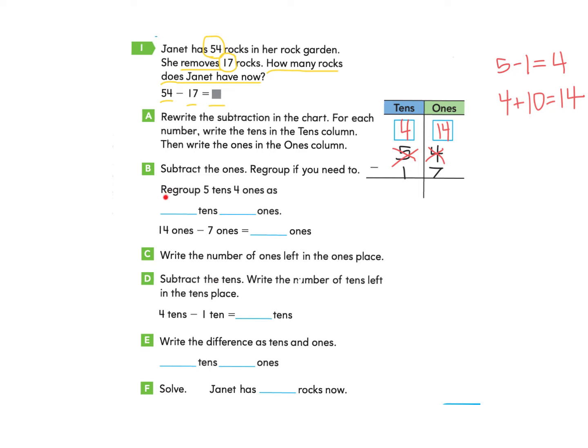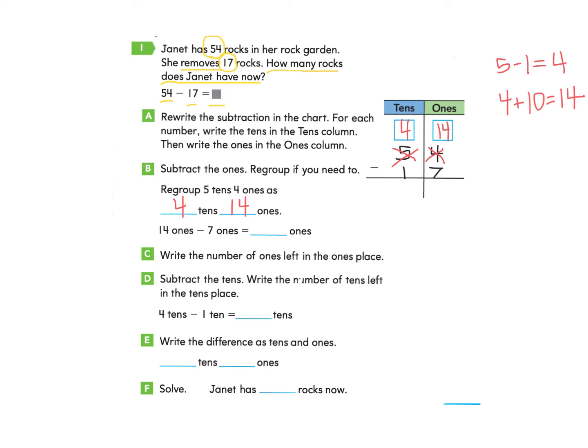So we have regrouped 5 tens and 4 ones as, what's our new regrouping? Our new regrouping is 4 tens and 14 ones. And now we can take this 14 and subtract 7 ones. So here we have 14 ones, take away 7 ones.